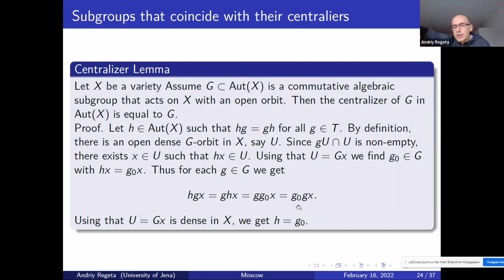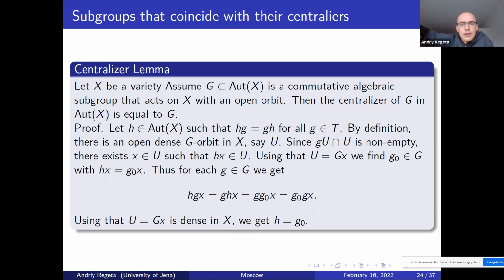And now G is a commutative group, so it is equal to g naught gx. Using that U is dense in X, we get that H and g naught coincide on the dense open subset. So the actions of H and g naught coincide on a dense open subset of X, and therefore they coincide on the closure, so on the whole X. So we get that H is equal to g naught, which belongs to G.